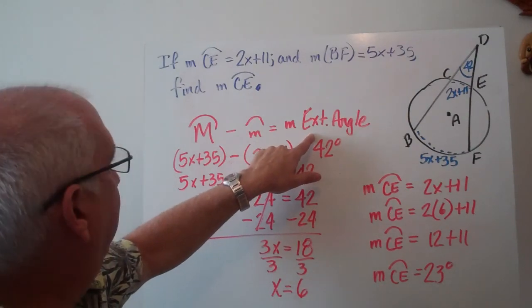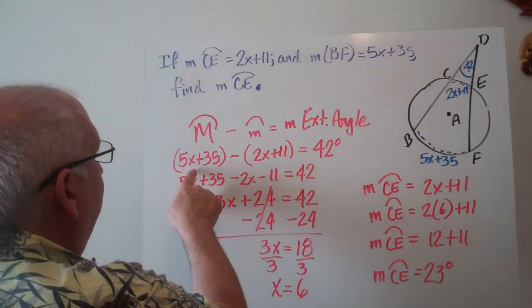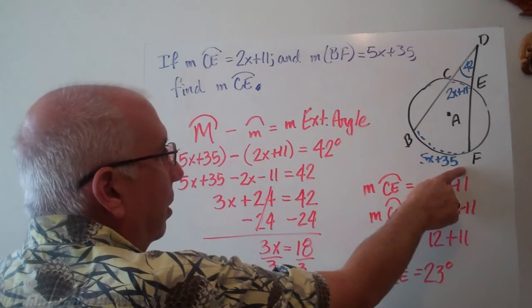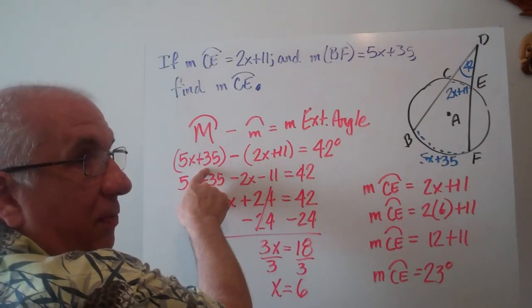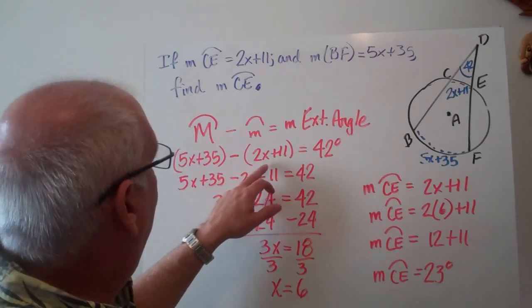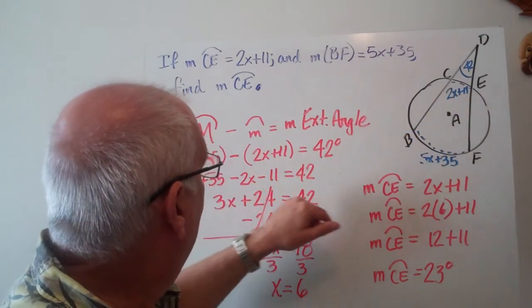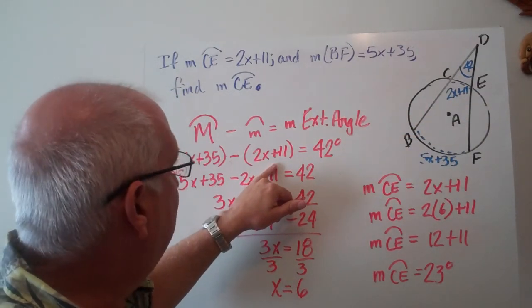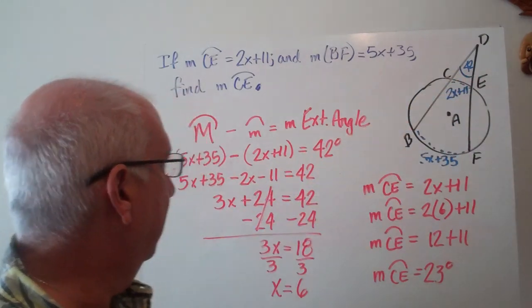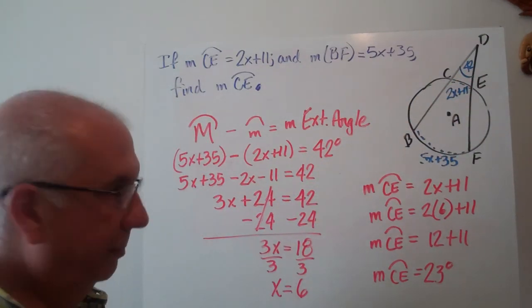So we substitute what we know. The measure of the major arc, the larger arc, is 5x plus 35, and from that we're going to subtract this smaller arc, 2x plus 11, and that's equal to 42, the measure of the exterior angle.